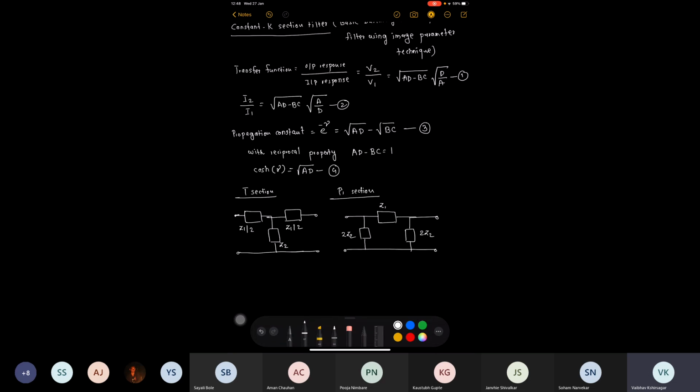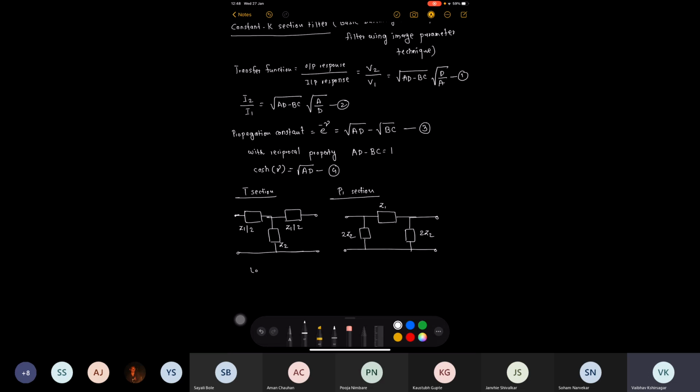Okay. So the characteristic parameters of T section and pi section constant K type filters are shown in front of you. Okay. So here T and pi equivalent representation of the two-port network which represents the filter is considered for transmission line parameter. For low pass configuration, series impedance is replaced with inductors. Okay.